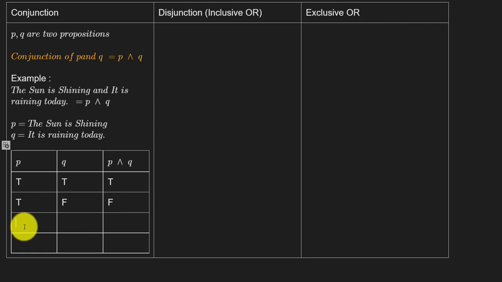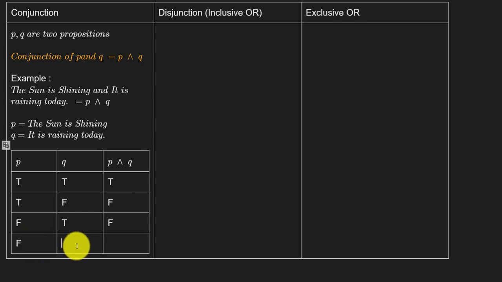If P is false and Q is true, then also the whole expression becomes false. And if both of them are false, then the whole expression is also false. So this is the truth table: it will be true only when both of these propositions are true. Now if you see this particular sentence, the sun is shining and it is raining today, it can also be expressed in this way in our natural language.